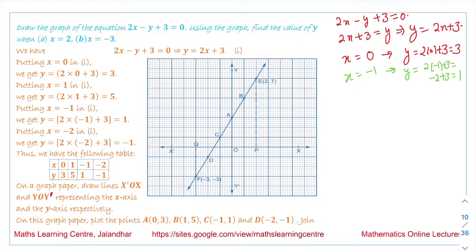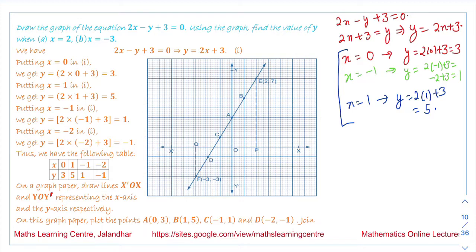For the third value, suppose x is equal to 1. Then y is equal to 2 into 1 plus 3, that is equal to 5. You must find or plot at least 3 points. Why, we will see in this question, the reason behind this.